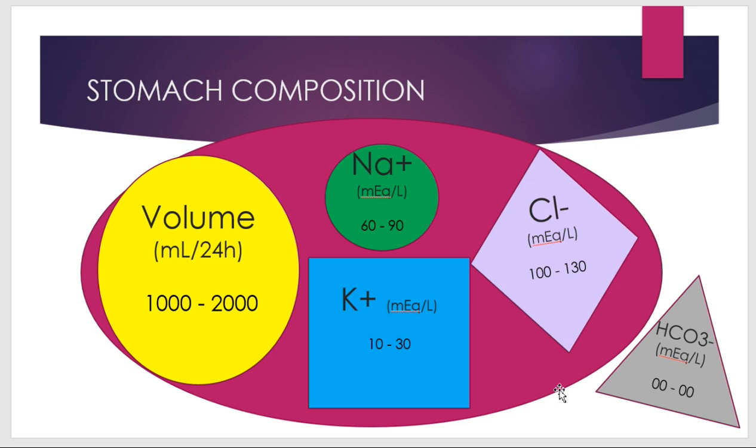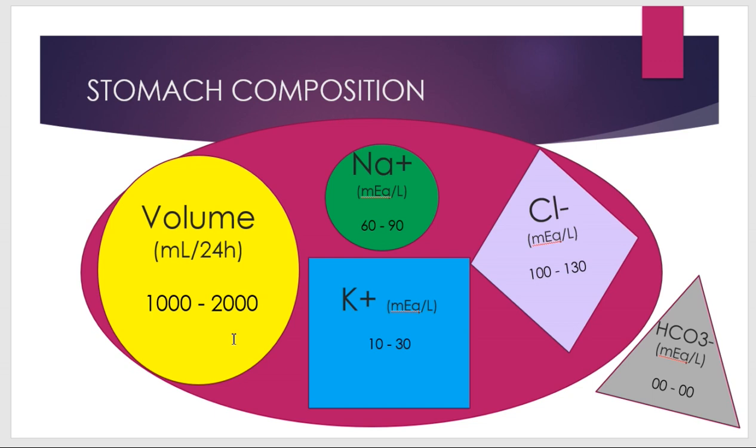Clear? So any gastric fluid loss is not losing any bicarbonates. Okay, that is the clinical importance of knowing this: bicarbonates are not present in the stomach. So what are the things that are there?